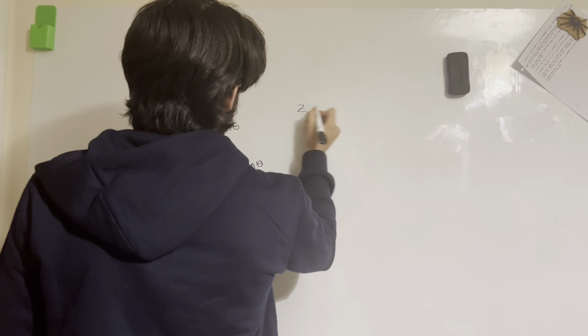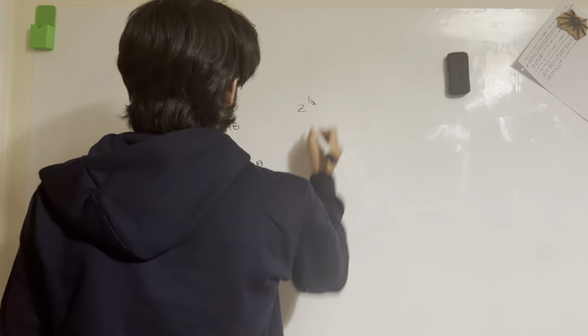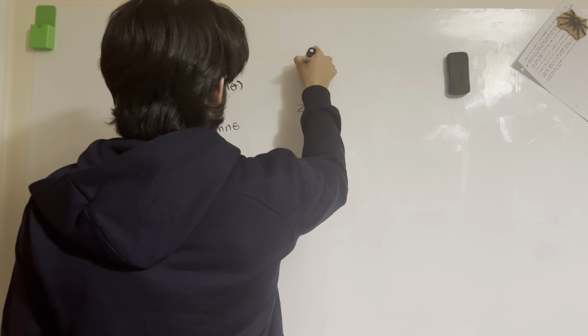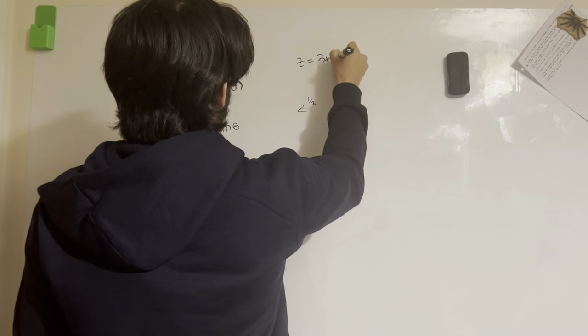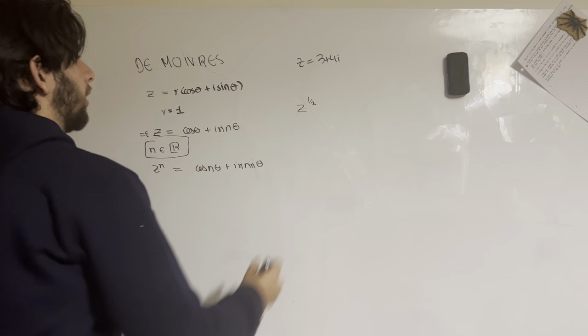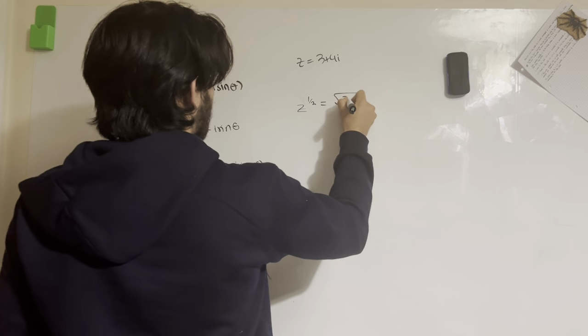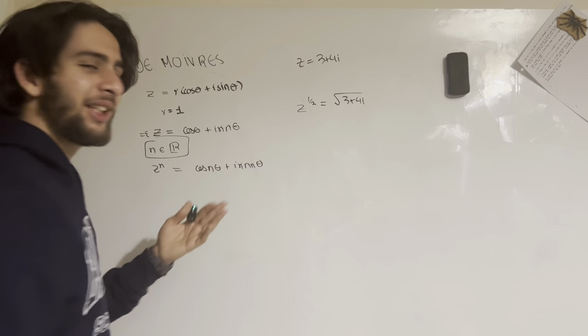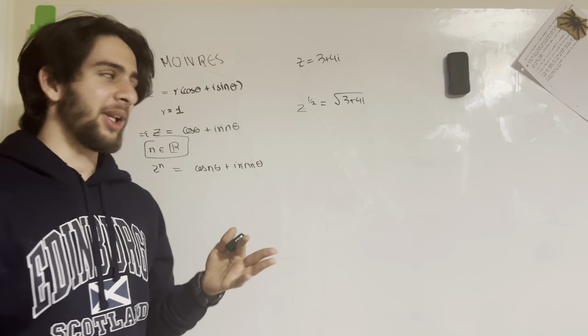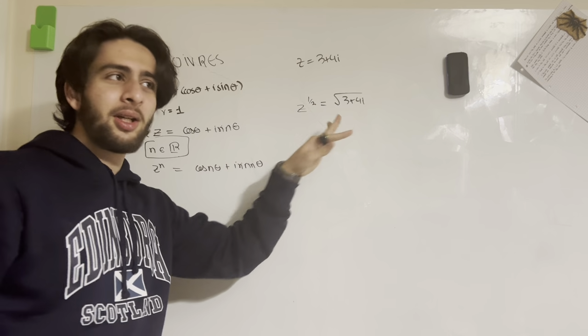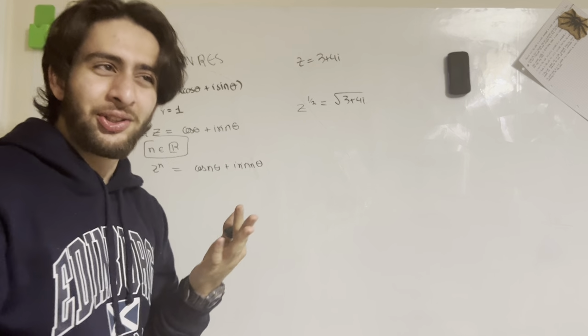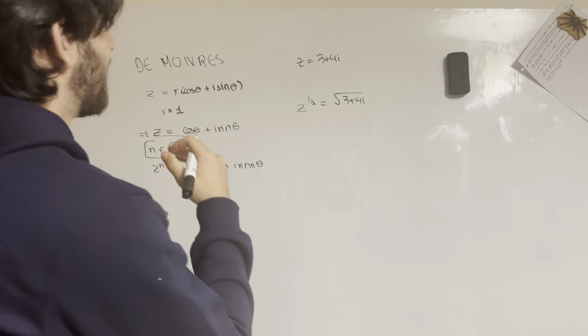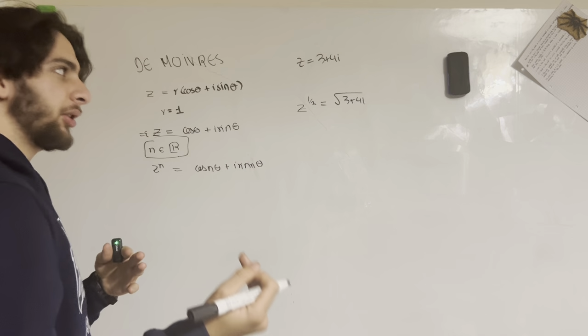So if I have z to the power of a half, and let's say z equals 3 plus 4i, then what you have over here is just the square root of 3 plus 4i. It's a pretty standard complex number that you're asked to reduce down. But there are multiple ways in which you can approach this.